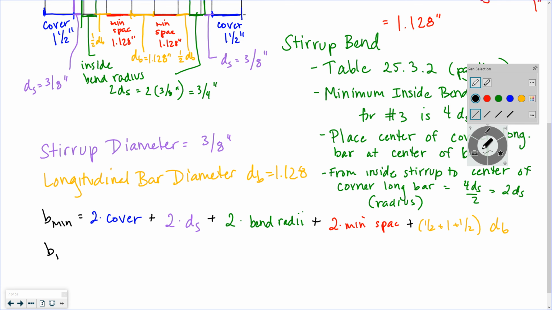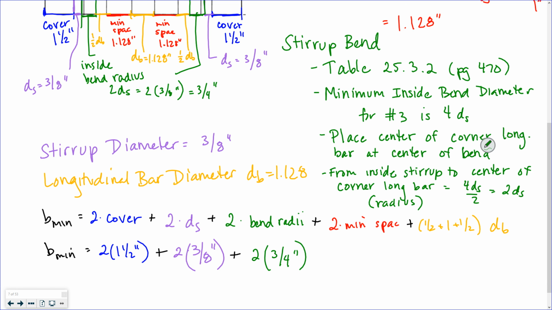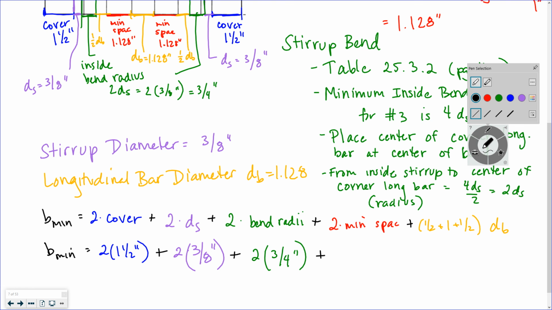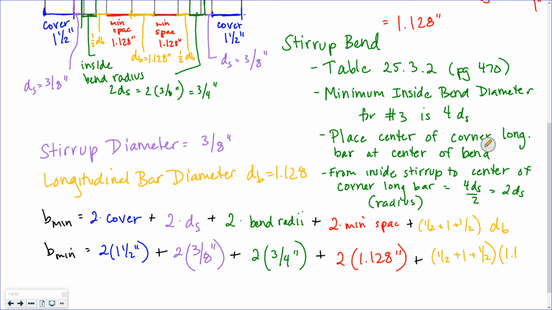So my minimum width, this is just to satisfy covers and spacings, right? 2 times 1.5 inches, plus 2 times 3/8 of an inch, that's my stirrup, plus 2 times my inside bend radius, which is 3/4 of an inch, plus 2 times my minimum spacing, 1.128 inches, plus half plus 1 plus half times my number 9 diameter.